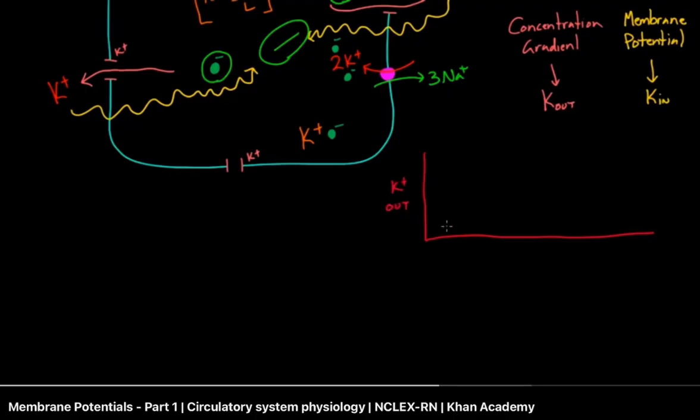And if you followed it over time, this is time, you'd see something like that. K is going to move out over time, and at some point, get to an equilibrium.